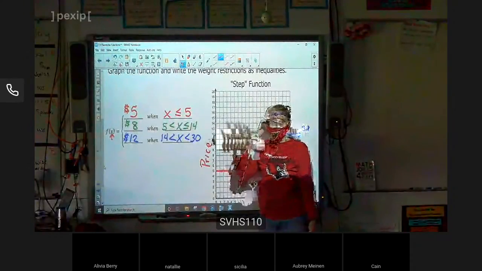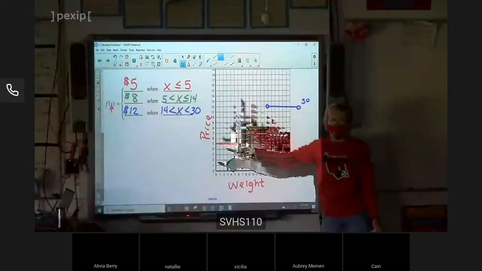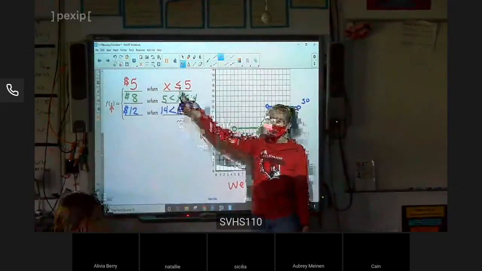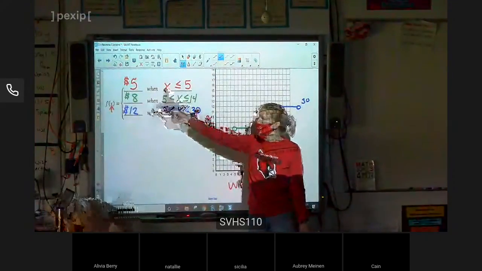If it was 10 pounds, what are we paying? $8. I don't pay all three prices. I only pay one price. So I have to go based off of this information here. It tells me which function, which equation, or which dollar amount I'm going to be working with.